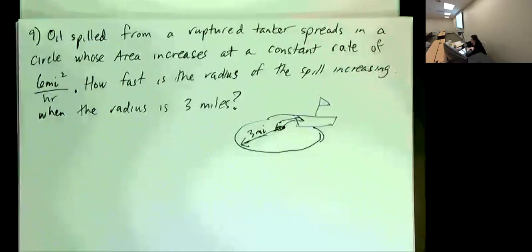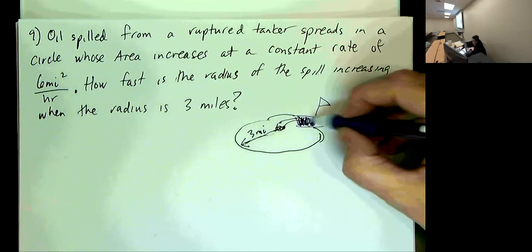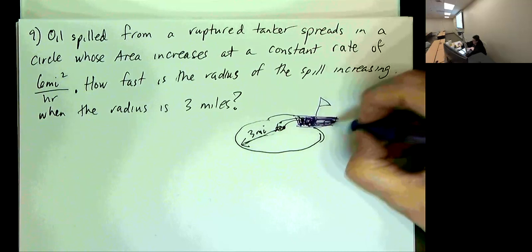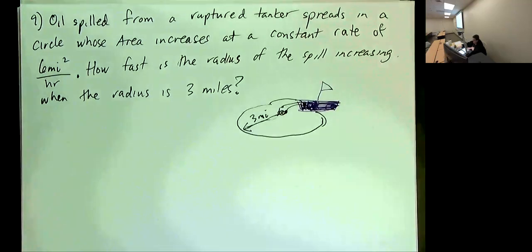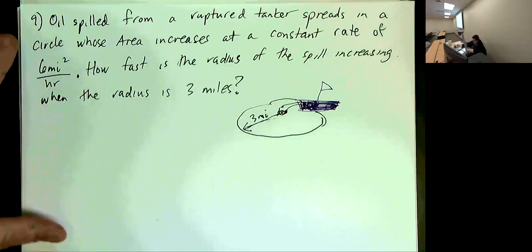That's my tanker. I don't know why my tanker's got a sail on it. Oil tankers don't have sails on them, do they? But it's a clear indication it's a boat. So my oil tanker's got a little rupture on it. Oil shooting out is spreading out, so it looks like it's making a circle. In fact, it says it's in a circle, and it's talking about the area.